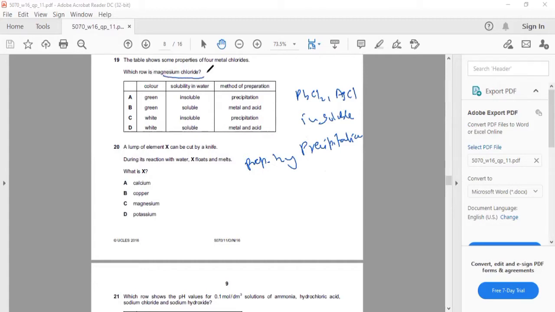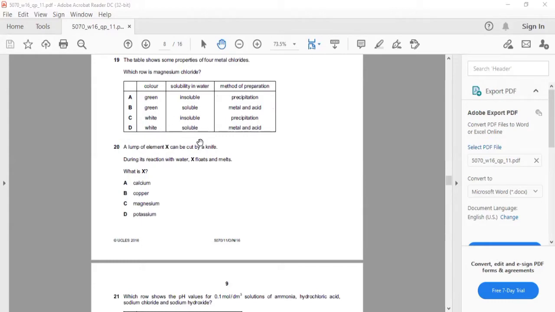Which one is magnesium chloride, which is soluble? Precipitation is wrong. Okay. And magnesium is colored, so it may be either B or D. Magnesium is a group 2 element which is not colored. So D is the answer, and soluble. Because magnesium is in group 2, not colored.